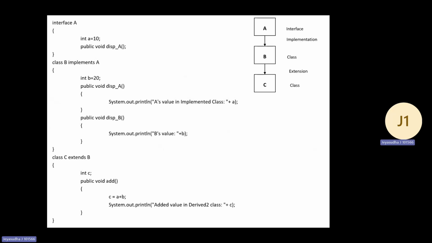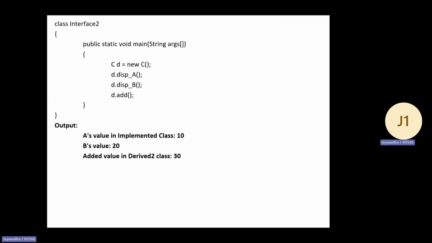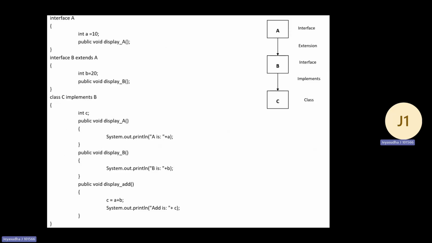So this is one example here. We have a base interface that is inherited by class B, and this class B has been inherited by class C. This is a multi-level inheritance. The same multi-level inheritance is happening here also.